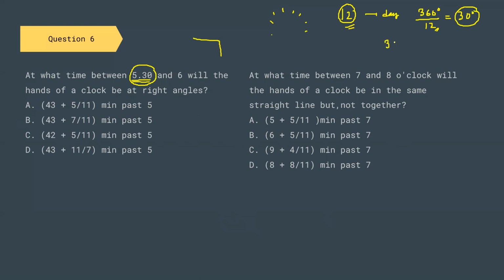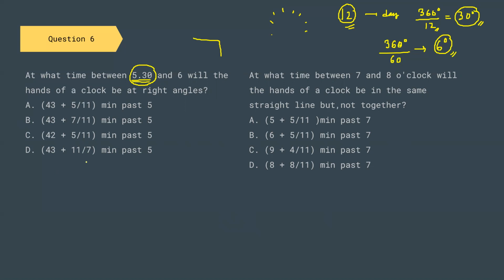Similarly, there are 360 degrees on the face of the clock and 60 minutes per hour, so every minute, the minute hand covers 6 degrees. So every hour, the hour hand completes 30 degrees and every minute, the minute hand covers 6 degrees.